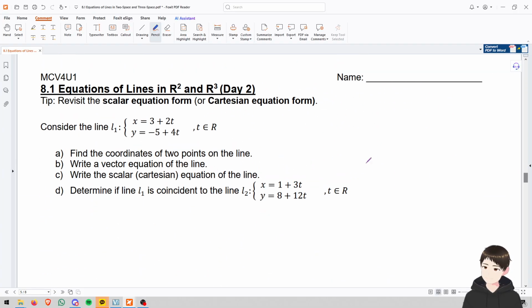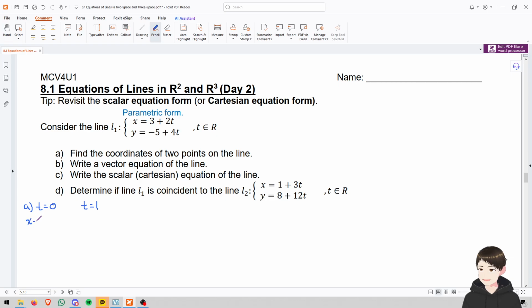Okay, day 2. Consider this line in parametric form. As a reminder, parametric form. Find the coordinates of 2 points on the line, any 2 points. So, okay, the easiest points I can give you is setting t equals 0 and maybe setting t equals 1.